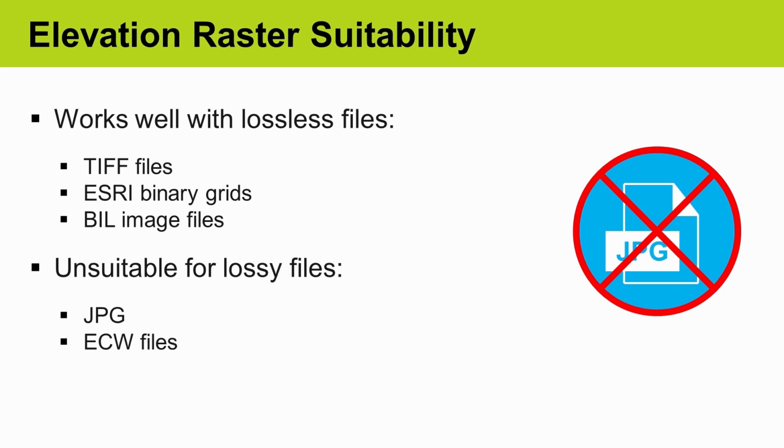It can still be used as a background image, but you can't interrogate the specific pixel values or perform other GIS operations. So be sure to use an uncompressed format.